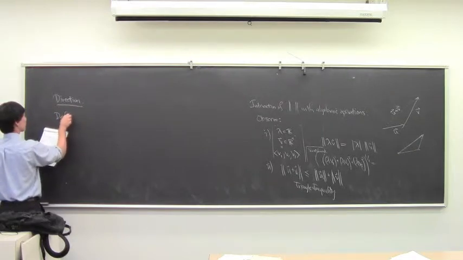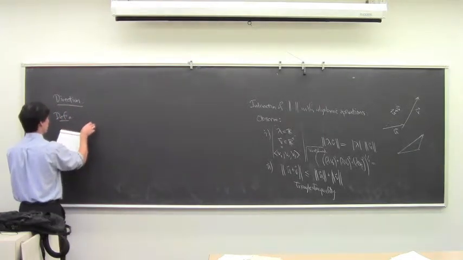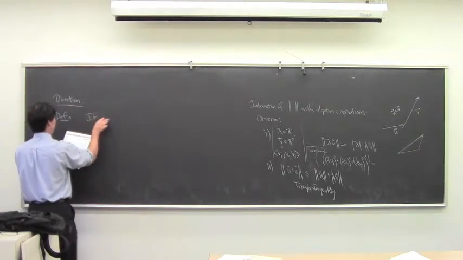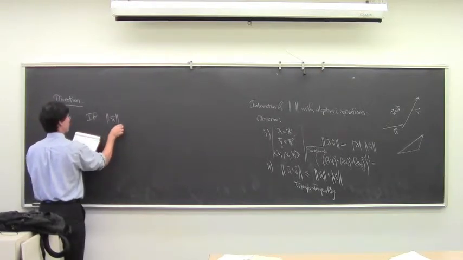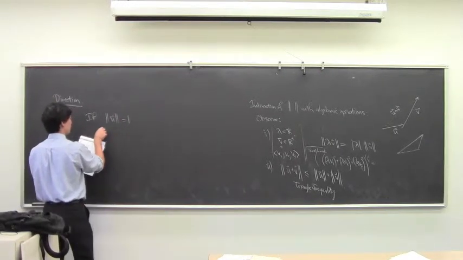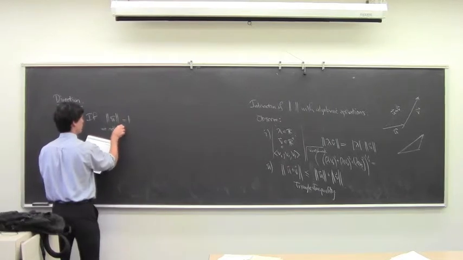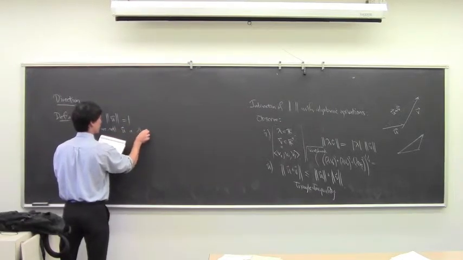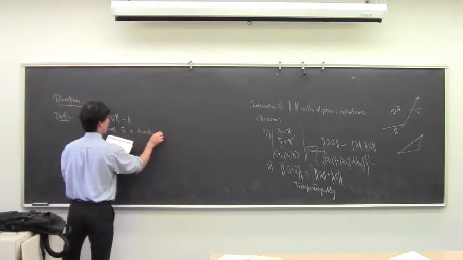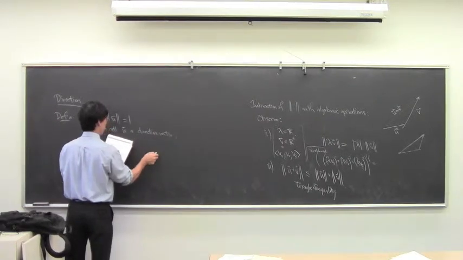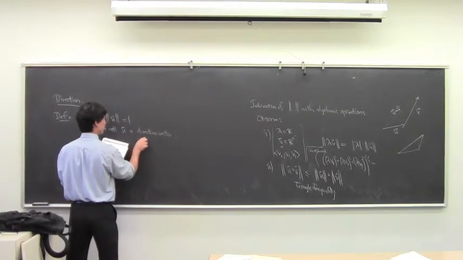So, here's the definition. If the magnitude of a vector u is 1, we call u a direction vector, or a unit vector.